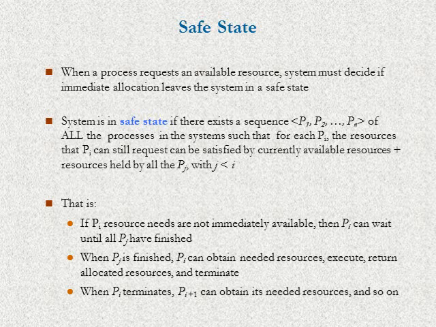So this means that it is possible that all the resources that are required by a process P1 may not be available at the moment. However, when P2 completes its execution and returns some resources to the system, P1 may get all the resources and it can also complete its execution.